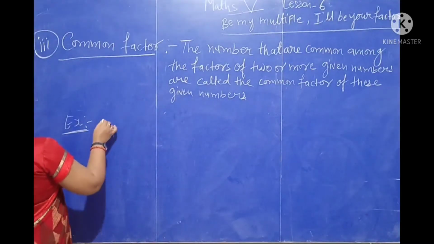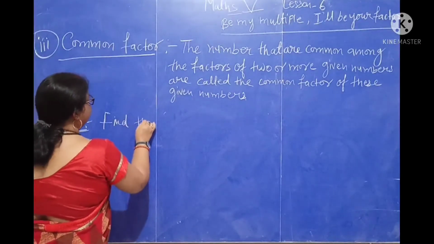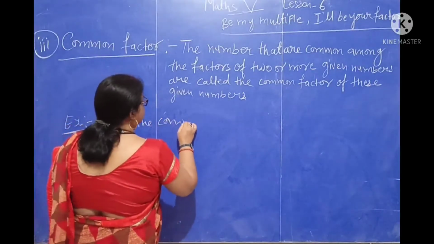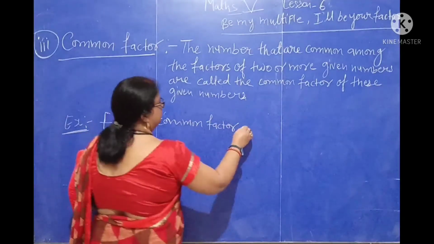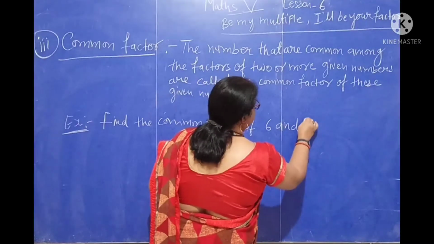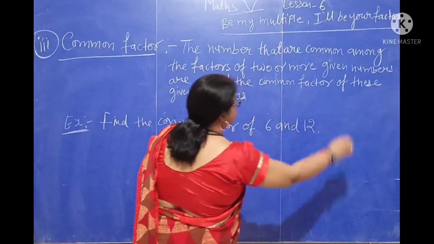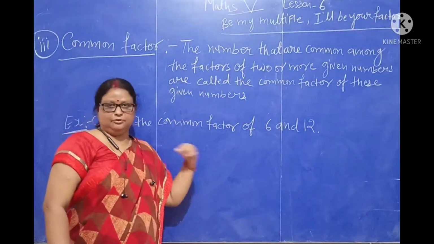For example, find the common factor of 6 and 12. So we have to find in this question the common factor of 6 and 12.